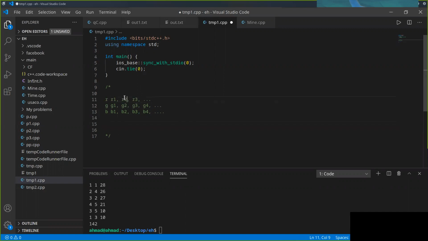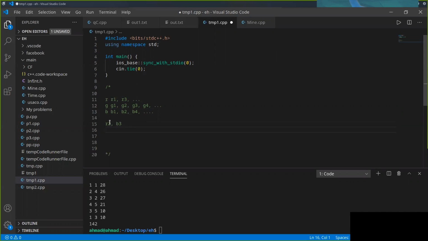So if, for example, I took the pair R2 with the pair B3, then I remove them. The area of this rectangle would be R2 times B3, right?